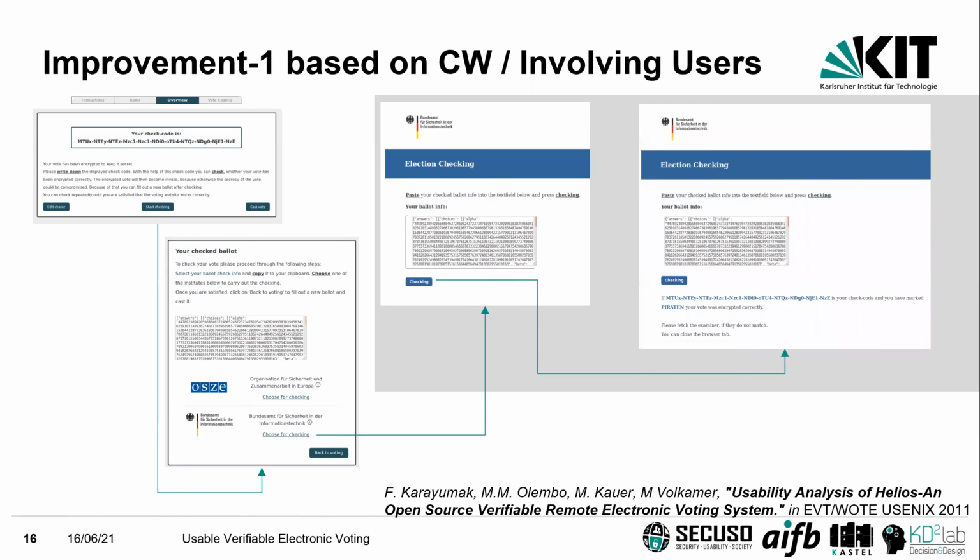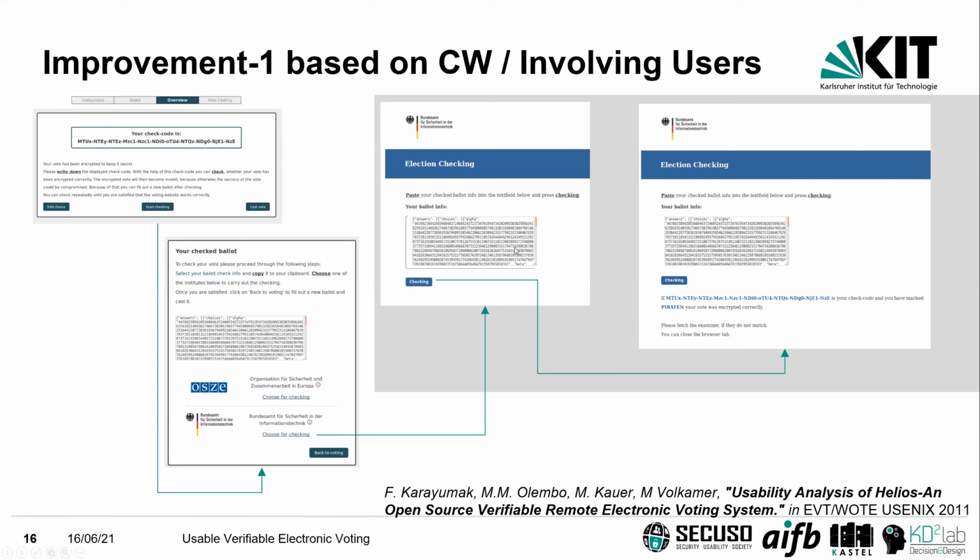Once you have clicked checking, you would get a new page, and you see additional information below the checking button, which is on the one hand the hash value and the candidate you selected. So the voter's task to verify is now on the one hand to compare whether this hash value is equal to the hash value that was shown on the very first screen, and whether they actually went for the right party.